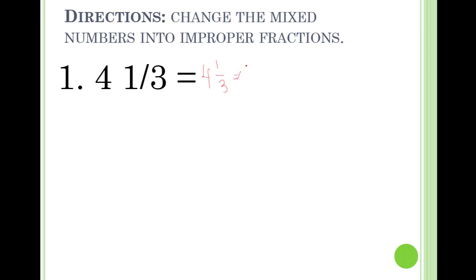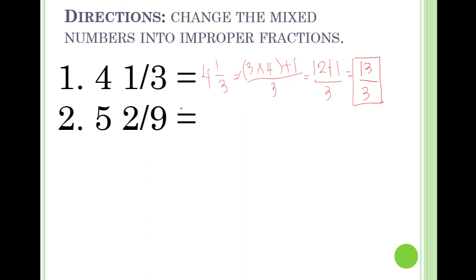That is 3 multiplied by 4 with a bracket plus 1 over, what is the denominator? 3. Yes, correct. And which is now 12 plus 1 over 3. Remember, 12 plus 1, what is the answer? 13 over 3. So this is now our final answer, 13 over 3. Let's go to the second one.